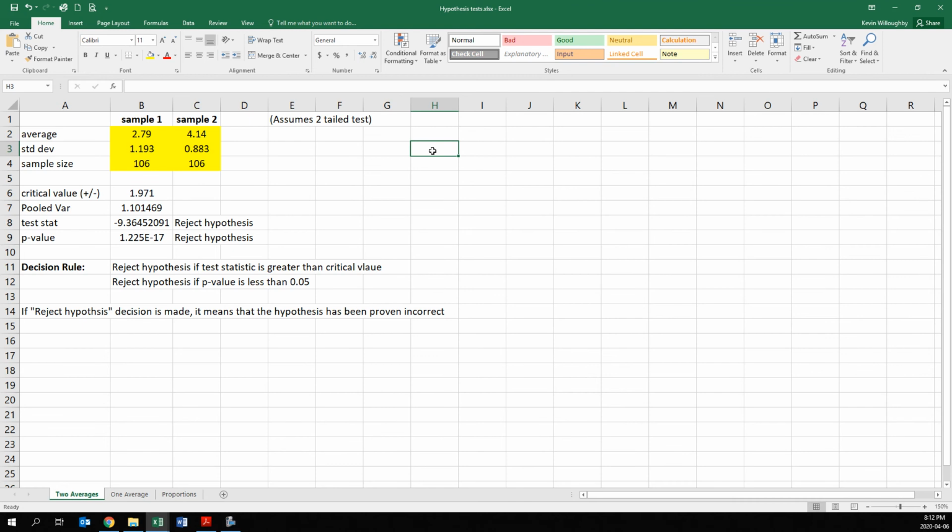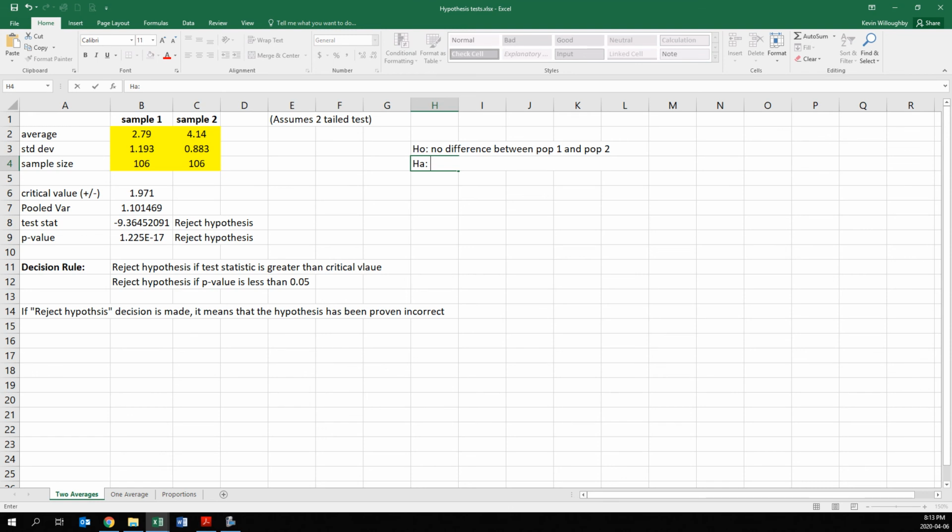Now we can look at the hypotheses. The null hypothesis is basically listing that there is no difference between population 1 and population 2. And if we were in the stats class, we'd actually use symbols for this, but this is sufficient.